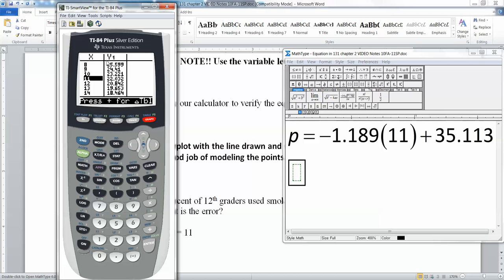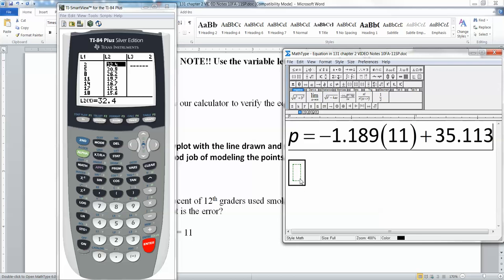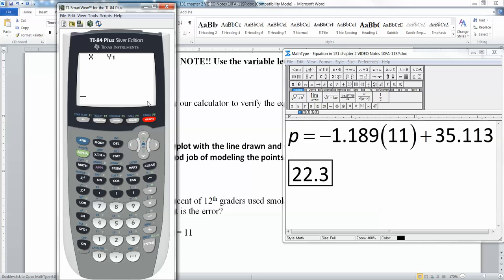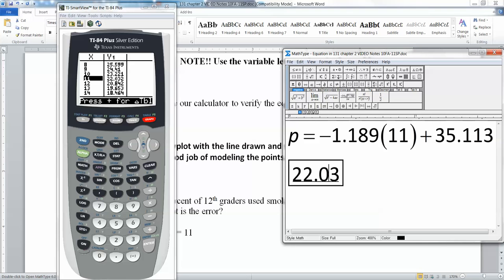Y1 makes your table of values. That's why it says y1 at the top. As opposed to stat edit, which has a completely different setup, right? L1 and L2. So according to y1, it should be 22.032.